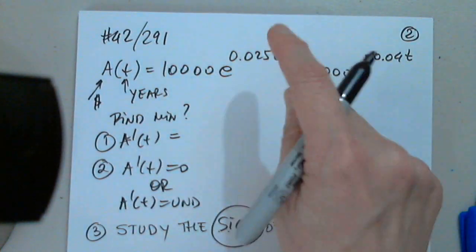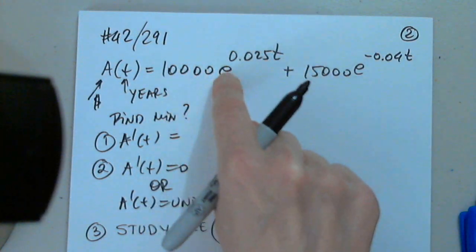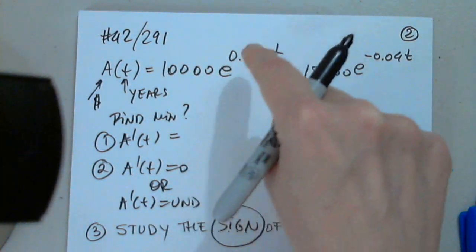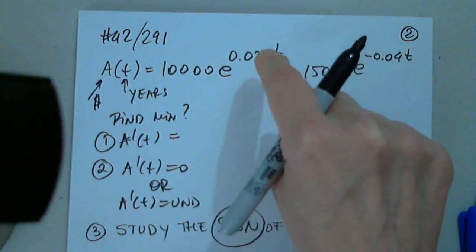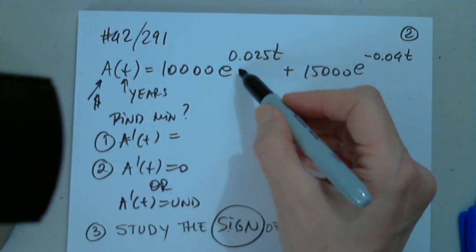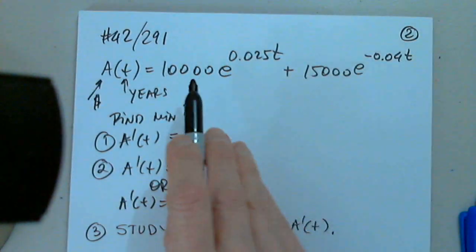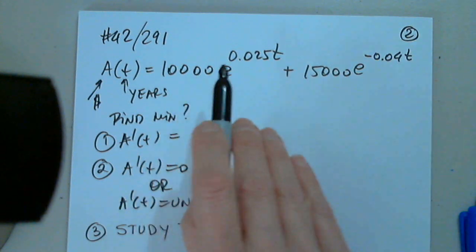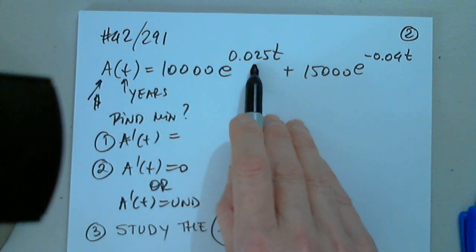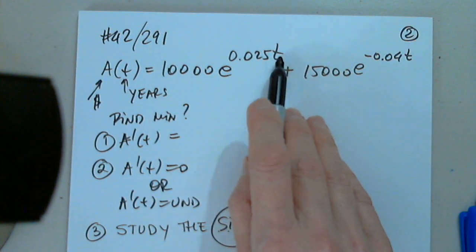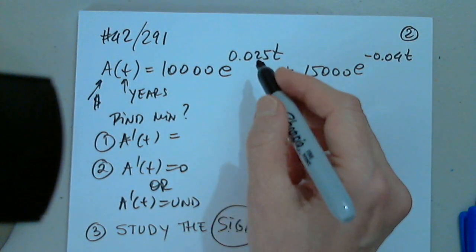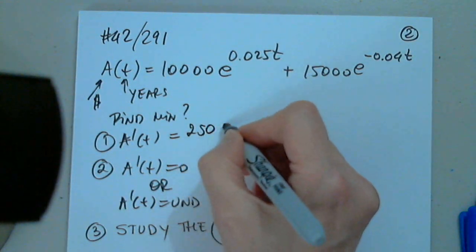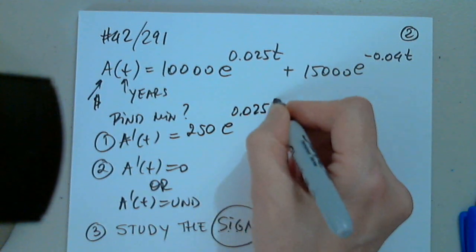When we differentiate this piece, we have to differentiate e to a function. E to a function prime is e to that function times the function prime. So I have to multiply this number by 10,000. 10,000 has 4 zeros. So I have to move the decimal point 4 spots to the right. So then I get 250 e to 0.025t.